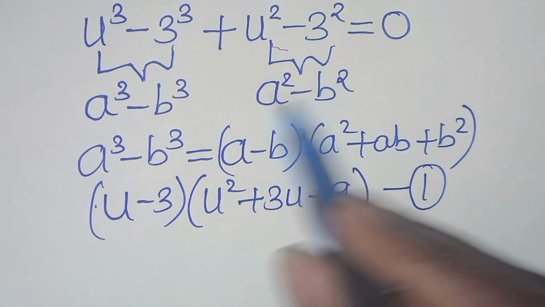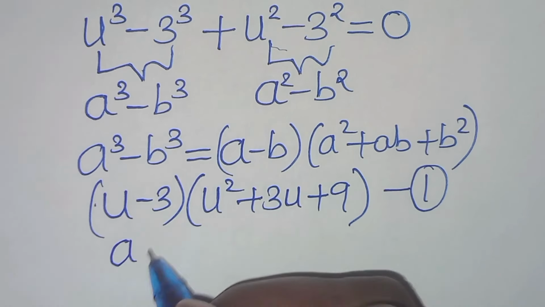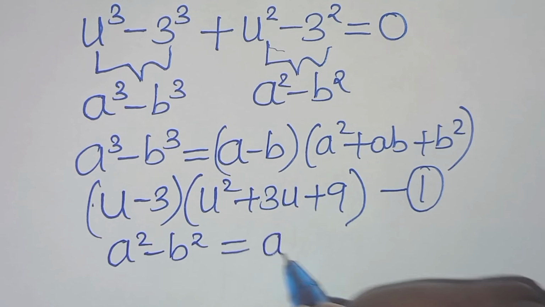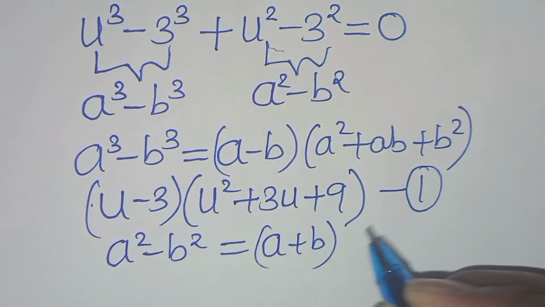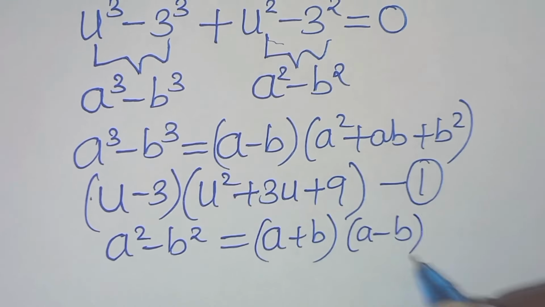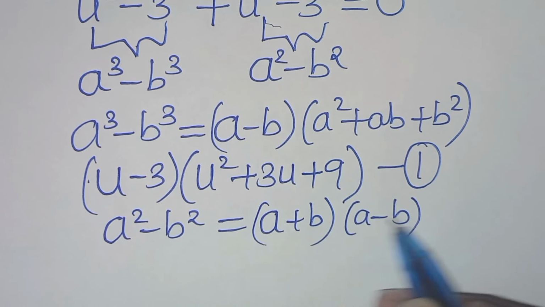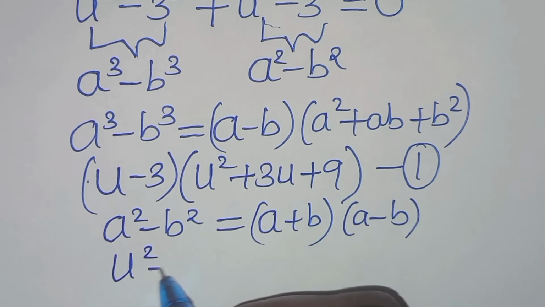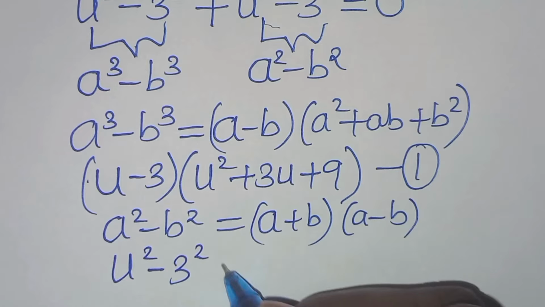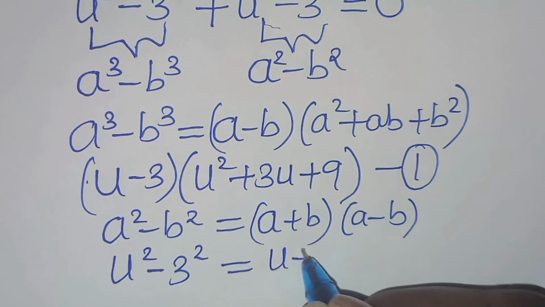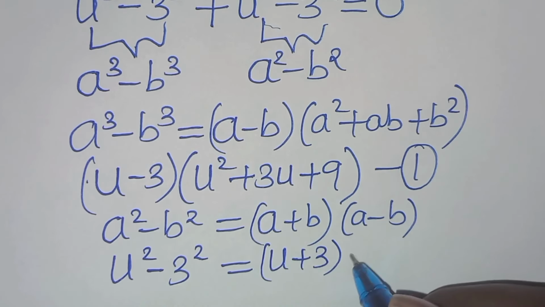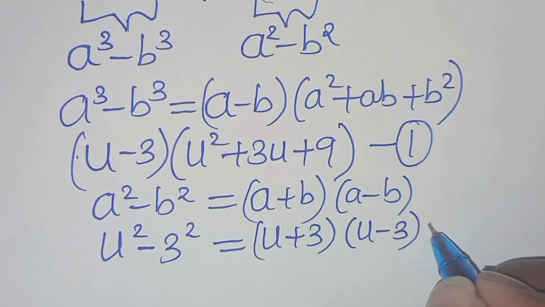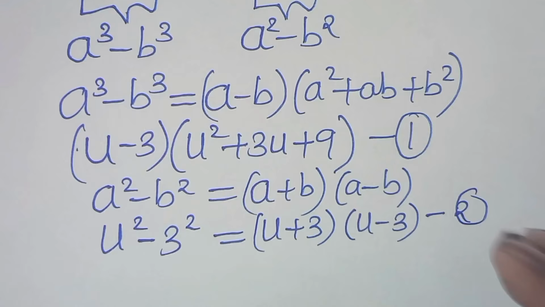From the second part, which is a squared minus b squared, this is the same thing as a plus b, a minus b. Applying this identity, we have u to the power of 2 minus 3 to the power of 2, which is equal to u plus 3, then u minus 3. Let's call this equation 2.